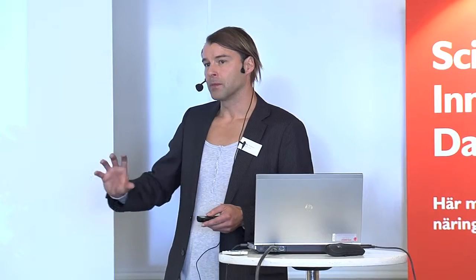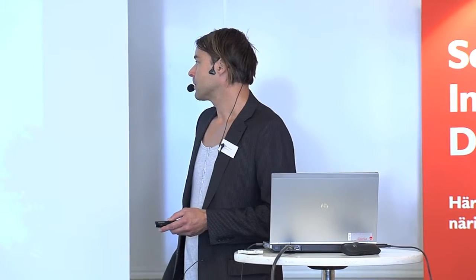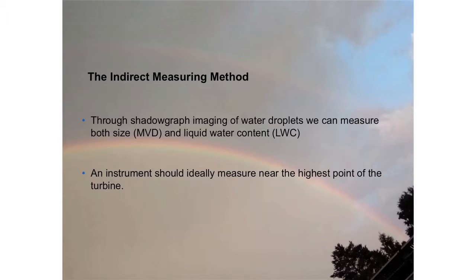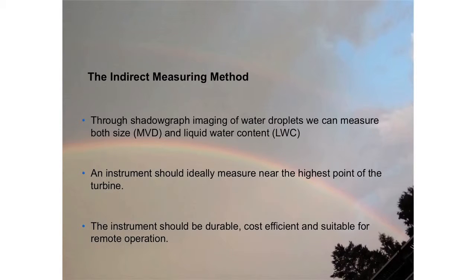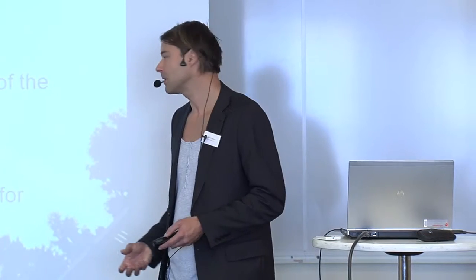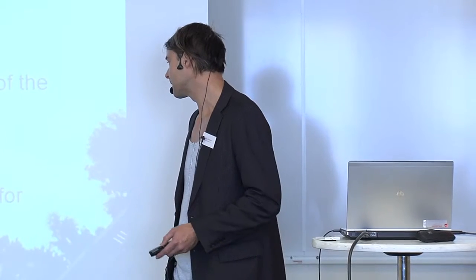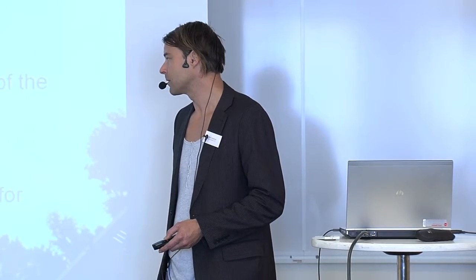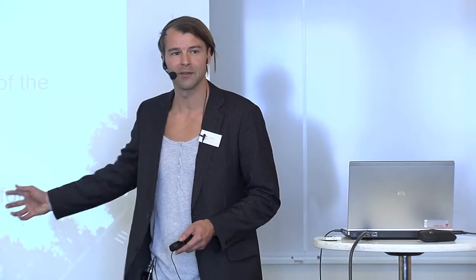And this instrument that we are measuring with should ideally measure as close to the highest point of the wind turbine as possible. And the instrument should be durable, of course, and cost efficient and suitable for remote operation. And we don't have that kind of instrument today.